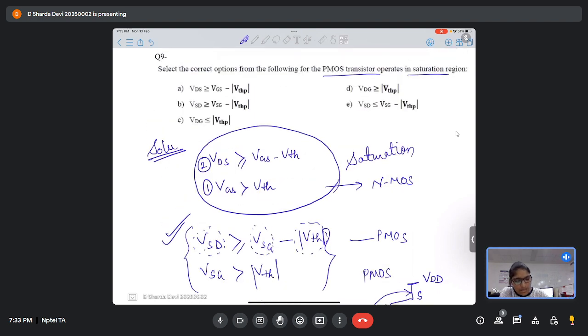So these are the equations for PMOS. So what are the options that we'll get from the 5 options? What are the correct answers? A? A for PMOS. B, B, ma'am. Yes, it is B. And what else?